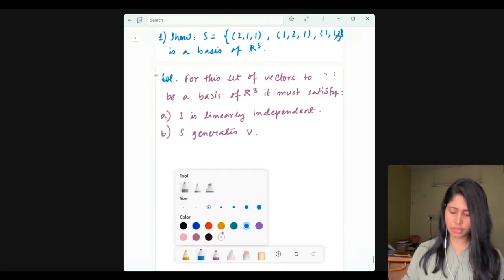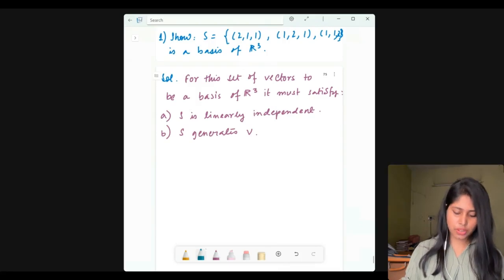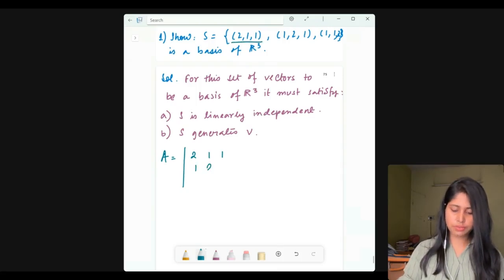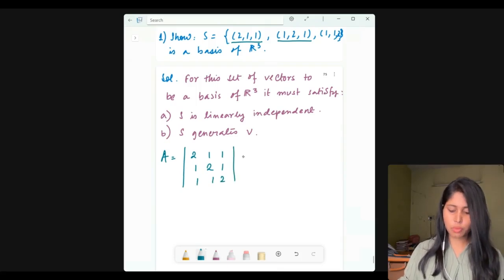Let us use a different color. Let A be the matrix with rows 2 1 1, the first vector, then 1 2 1, the second vector, then 1 1 2, the third vector. Now we will see the determinant of this. How will we solve it? 2 into (4 minus 1) minus 1 into (2 minus 1) plus 1 into (1 minus 2).